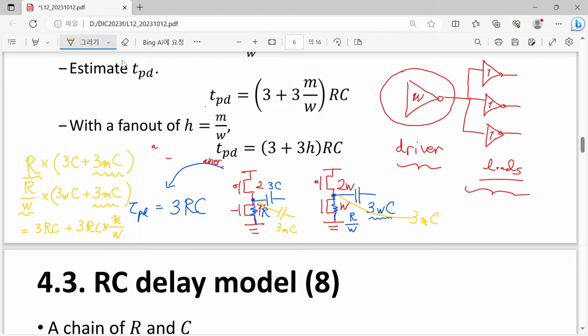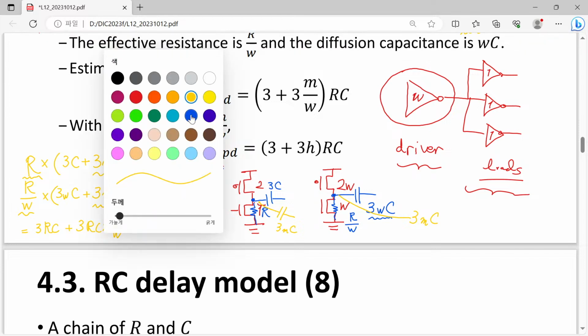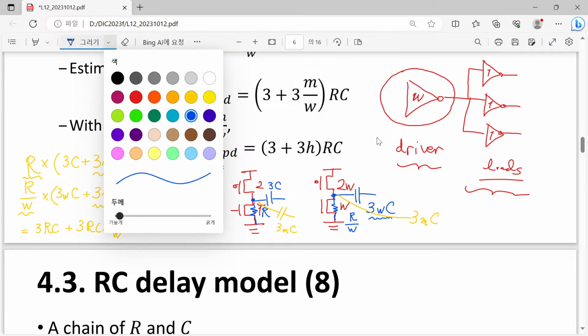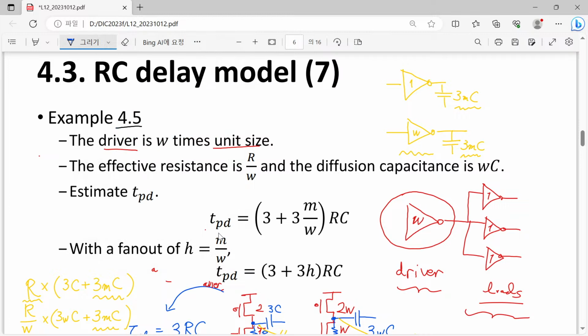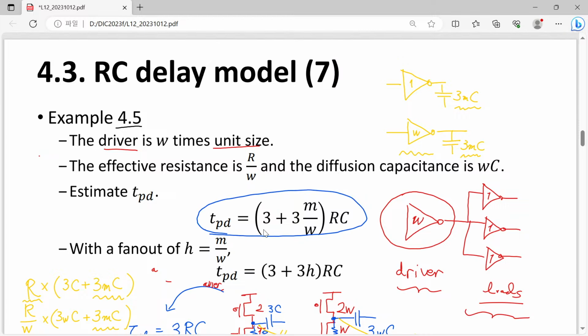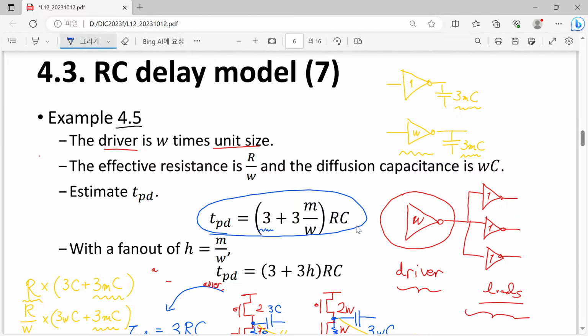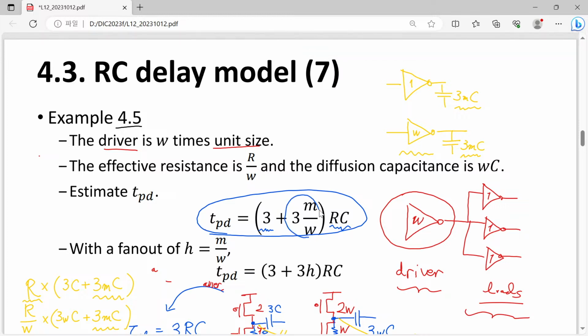So simply speaking, we can say that the propagation delay has some relation like this, and this one gives us a part intrinsic to the inverter itself, and another part related with the relative strength between our driver and its load.